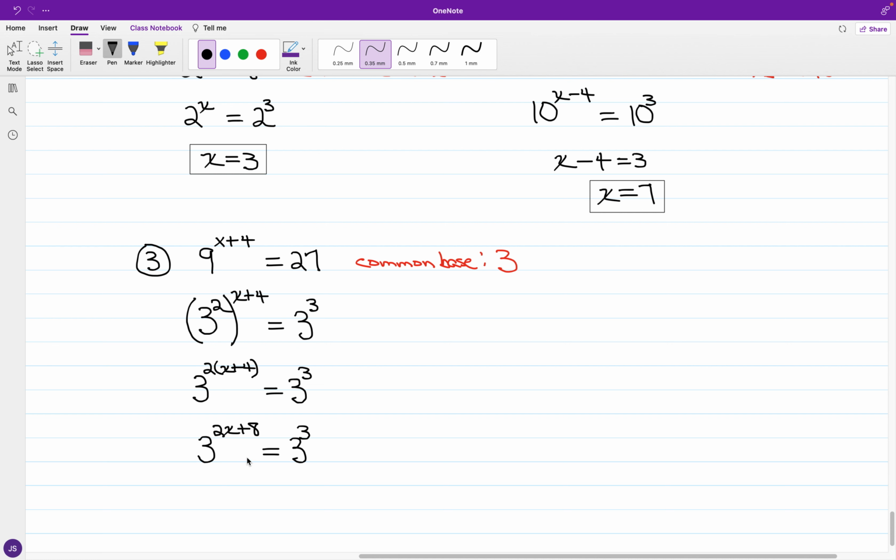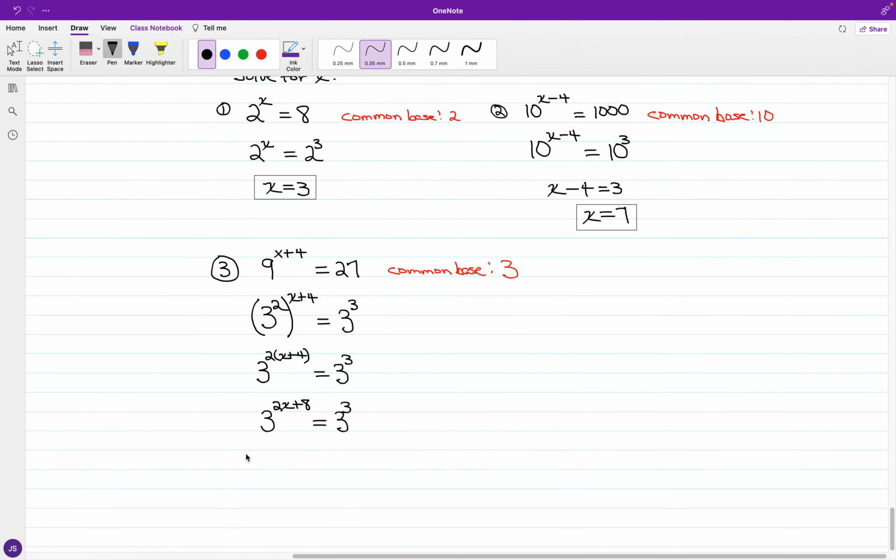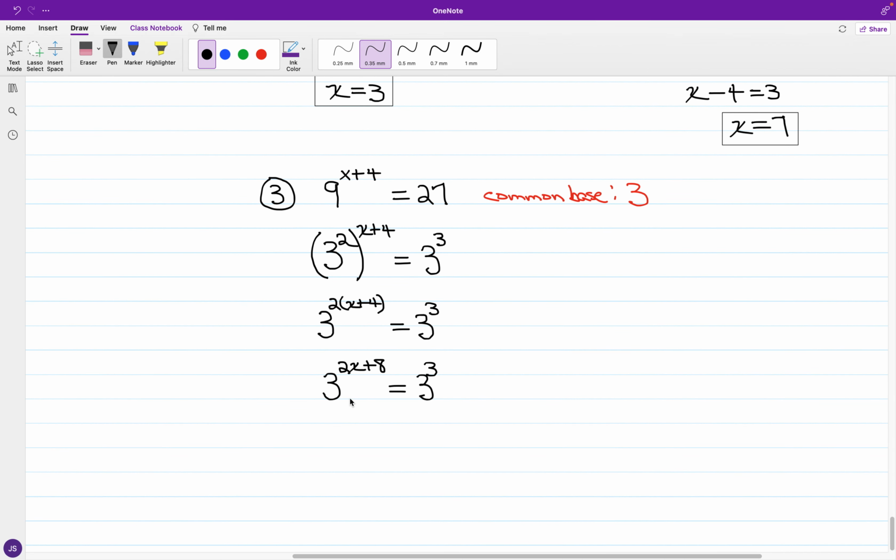And now we have single base 3 terms. And solving for x, I can now just take care of the exponential base is 3 and just set the powers equal to each other. So we have 2x plus 8 is equal to 3.